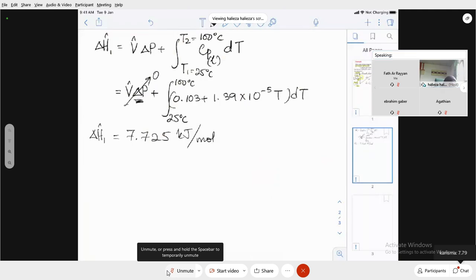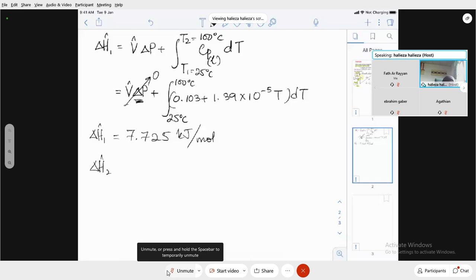Let me finish my calculation, see whether I can get the same. I get 7.726. Very close. I got the same, 7.725. Good. Okay, now for the second step.